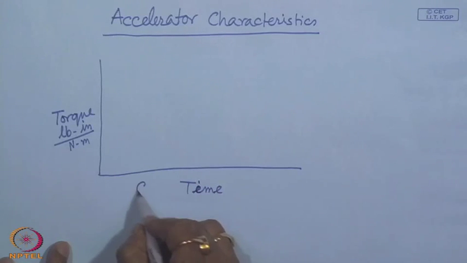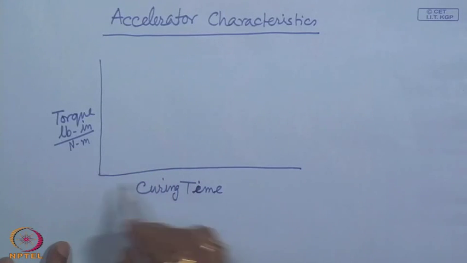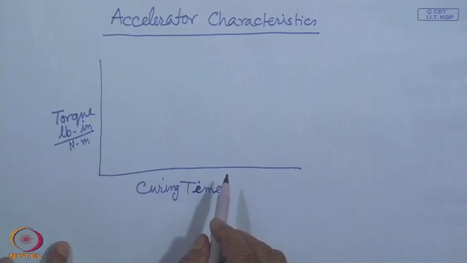This is curing time. Basically, it is a torque time profile produced by one accelerator in a rubber compound.